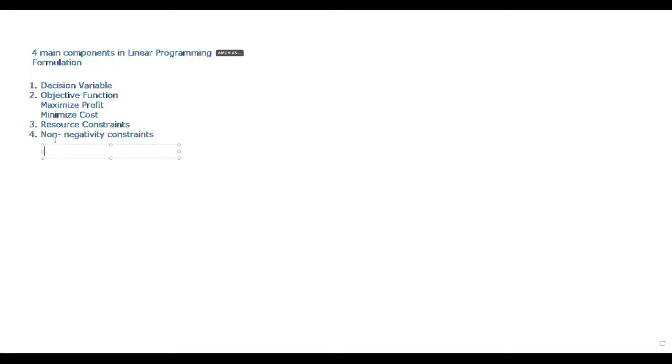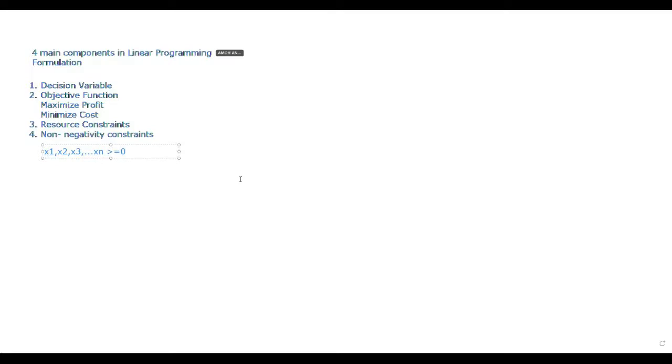If you have x1, x2, x3, let's say xn, then each will be greater than or equal to 0. So before you'll be able to solve a linear programming question, you go through all these four steps.